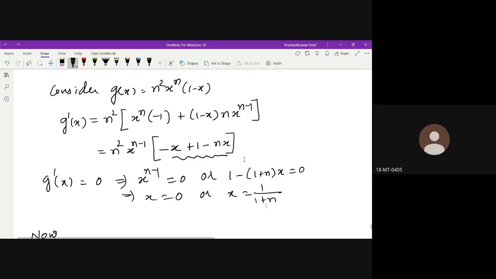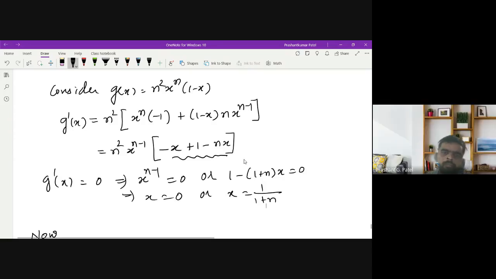Oh yeah, here this n should be multiplied to 1, so this is n. So x is n upon 1 plus n. I forgot this n.